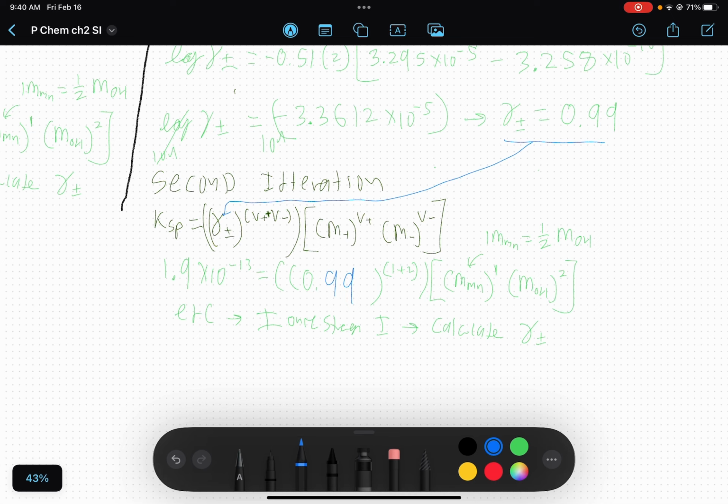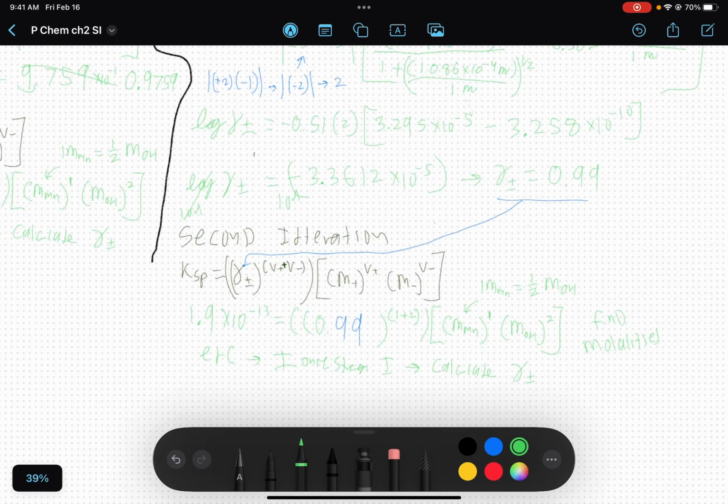And then, it's all the same. You go through, you calculate for your molarities. Find molarities. My bad. Find molalities, then you find the ionic strength, then you calculate gamma again, and then continue.